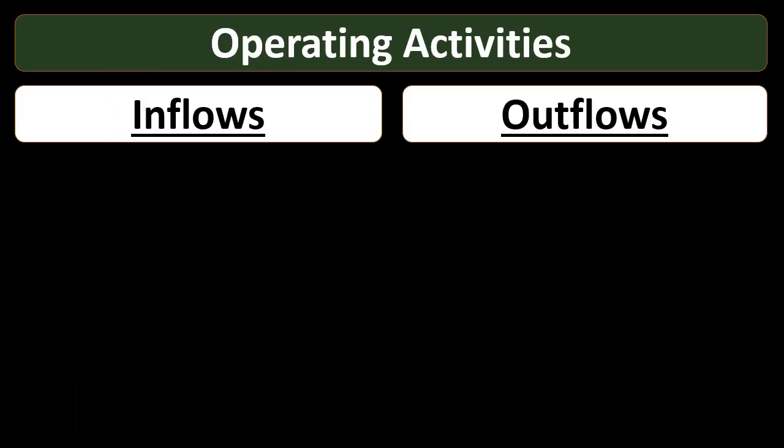Before we go into the list of inflows and outflows related to operating activities, we want to know first that operating activities is going to be similar to us thinking about the income statement on a cash basis. So when we think about the operating activities, one way to think about it would be that if we were to have the income statement on a cash basis, then what would the inflows and outflows be?